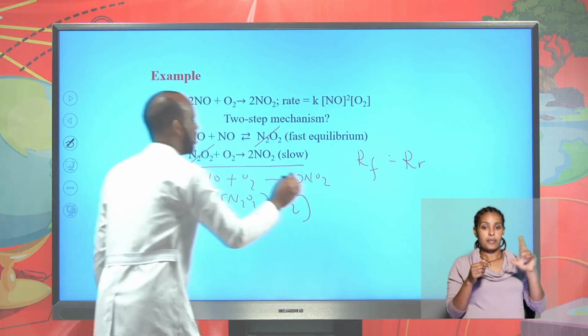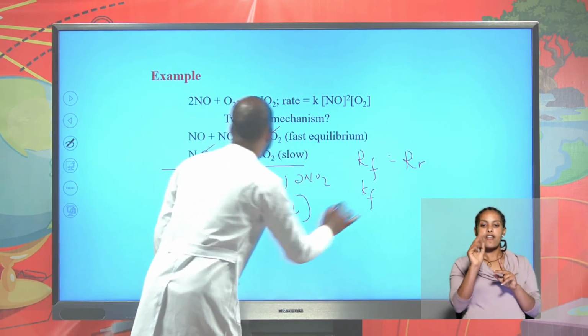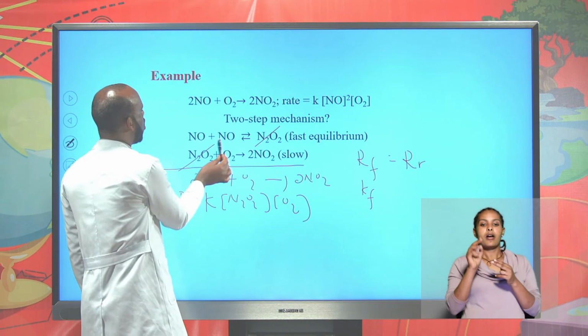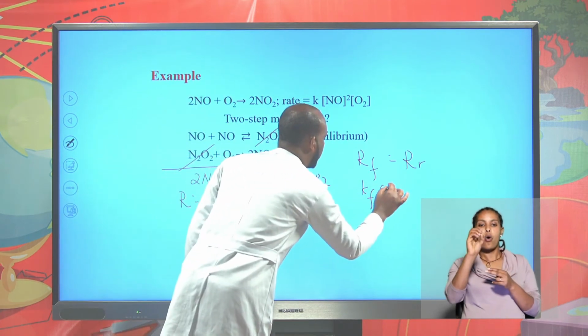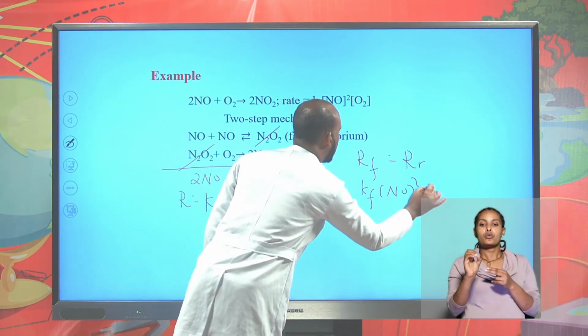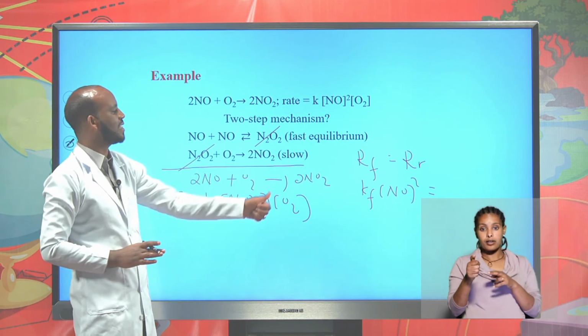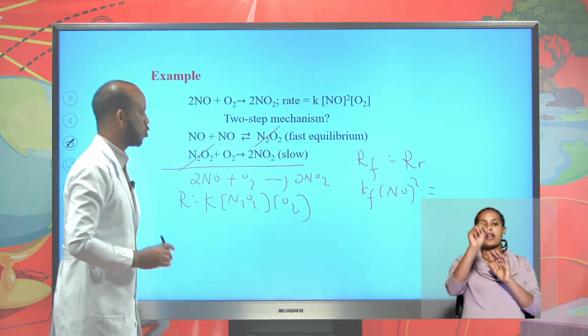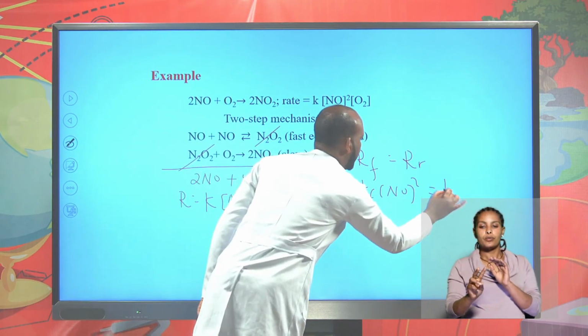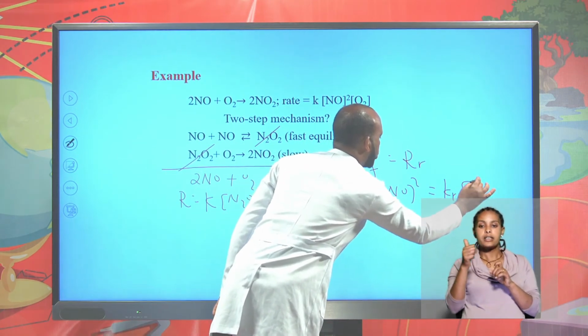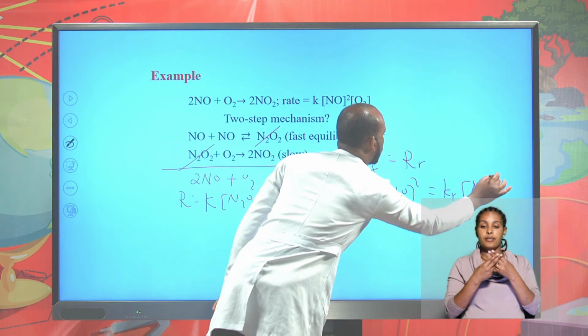Forward rate is k forward times concentration of NO to the power 2, equal to reverse rate, which depends on concentration of N2O2: k reverse times concentration of N2O2.